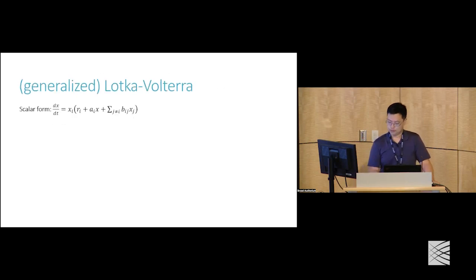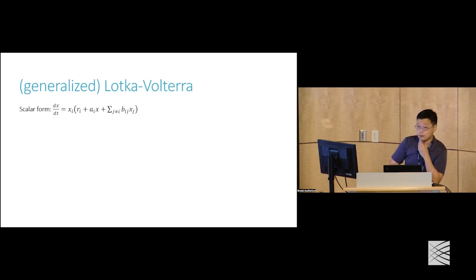So the story starts out with this so-called Lotka-Volterra model, which is a popular, go-to choice any time people are trying to learn interactions or model microbial dynamics. Now, it's generalized in the sense that when you first learn about Lotka-Volterra, it's 2 dimensions and just 2 variables.